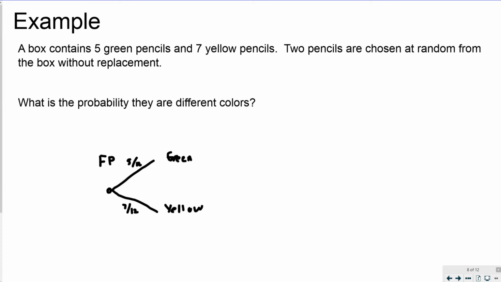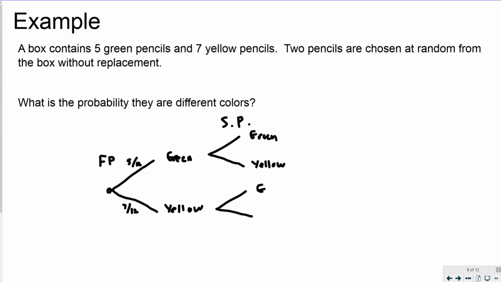Then we're making our second pick. And there are 2 ways that the second pick can turn out. I could draw a green again from here, or I could draw a yellow. And then if I drew a yellow first, there are 2 ways that could turn out.